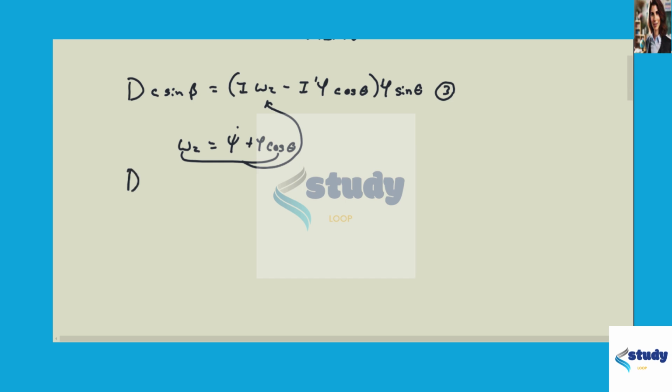So we have D C sine beta, okay, equals inertia times phi plus little phi cosine theta, okay, minus I phi cosine theta phi sine theta.